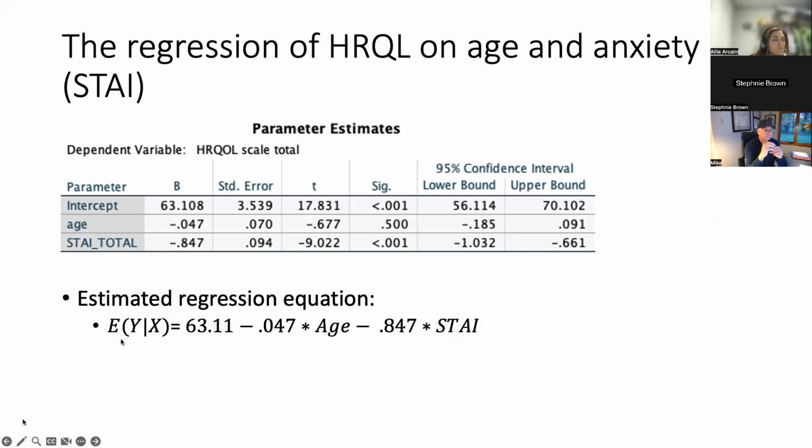Let's get the expected value of someone who's 40 years old with a STAI score of 2. So how do we do that? We plug the 40 in here, we multiply it by 0.047. We plug the 2 in here, multiply it by 0.847, and then do the subtraction. Why doesn't everybody try that?